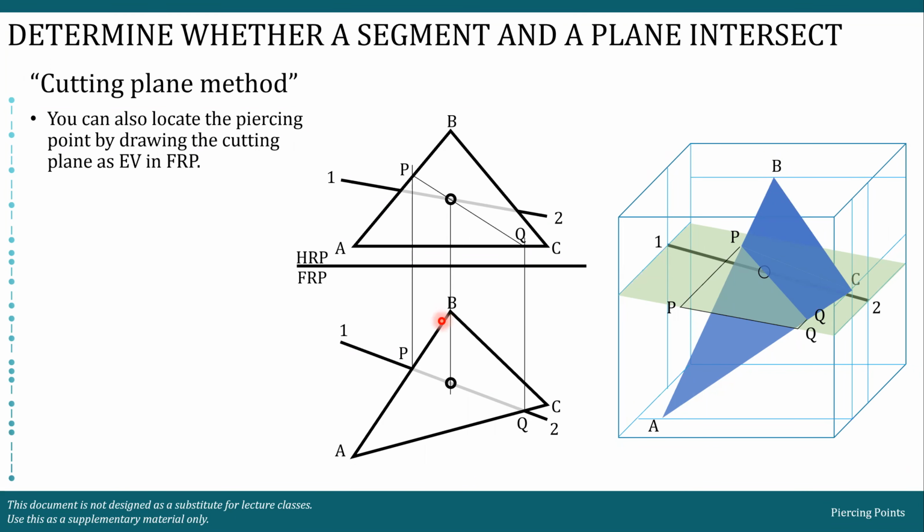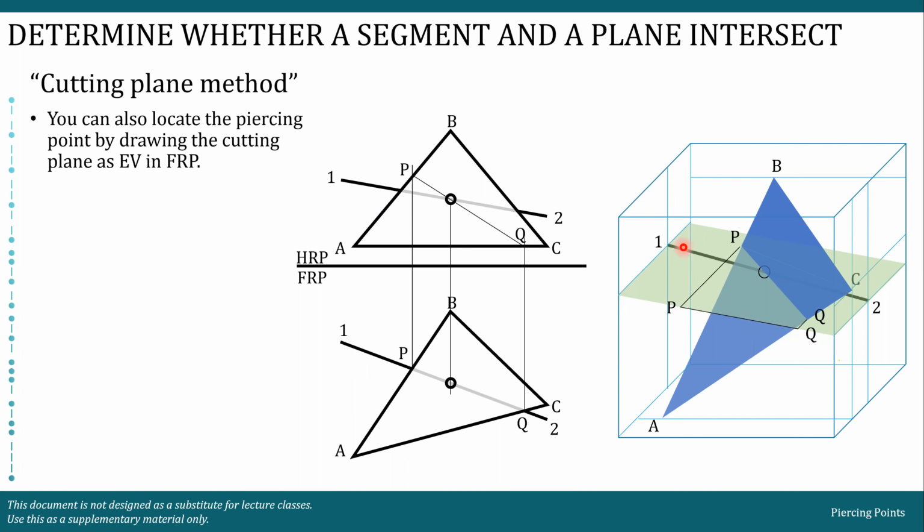Before I proceed, ito pa pala, no? Kanina, ang ginawa natin, gumawa tayo ng imaginary cutting plane na nag-edge view sa top view, di ba? That's one of the correct solutions, no? So another correct solution is instead of drawing the imaginary plane as edge view in top view, pwede natin gawin na i-drawing natin siya sa front view as edge view.